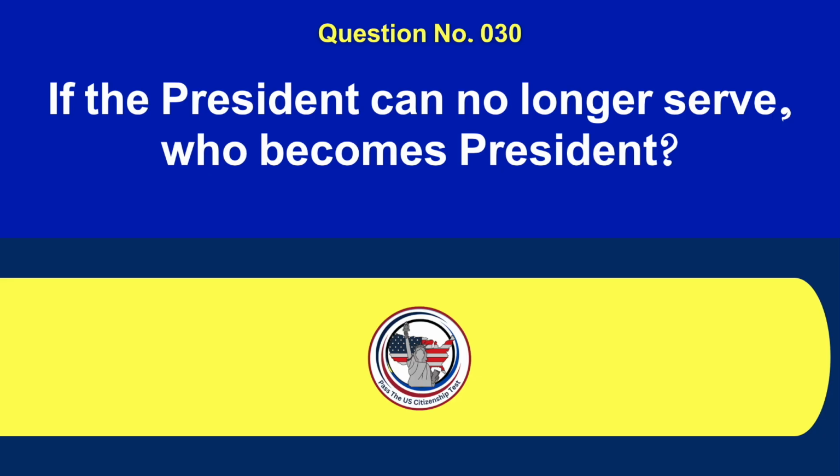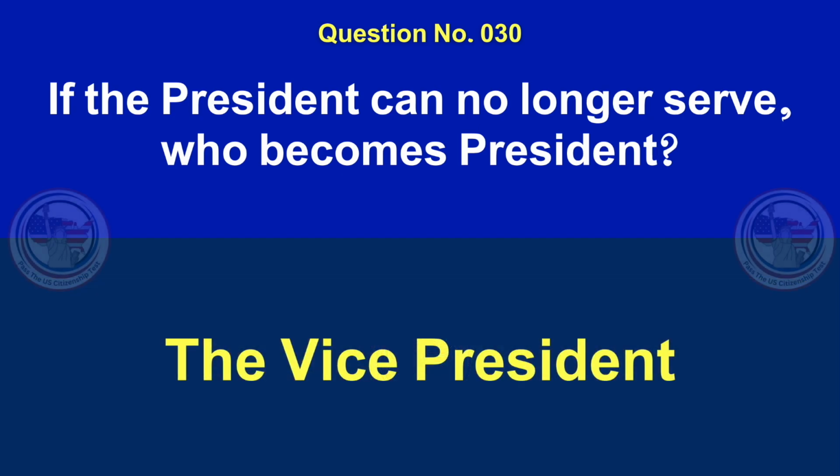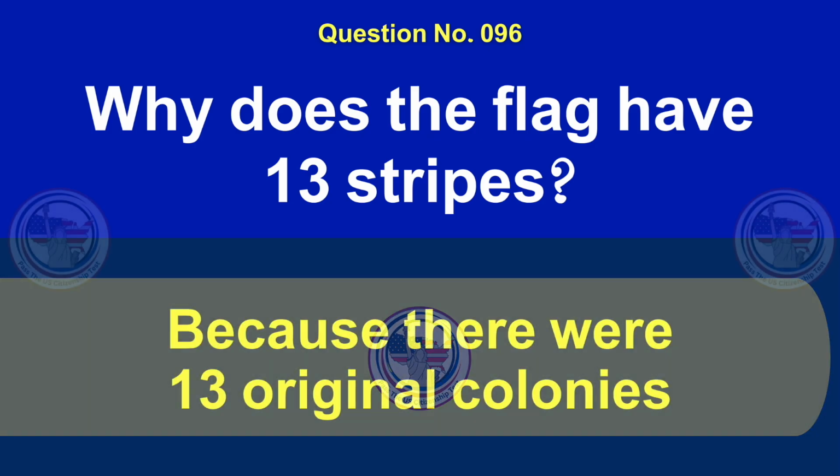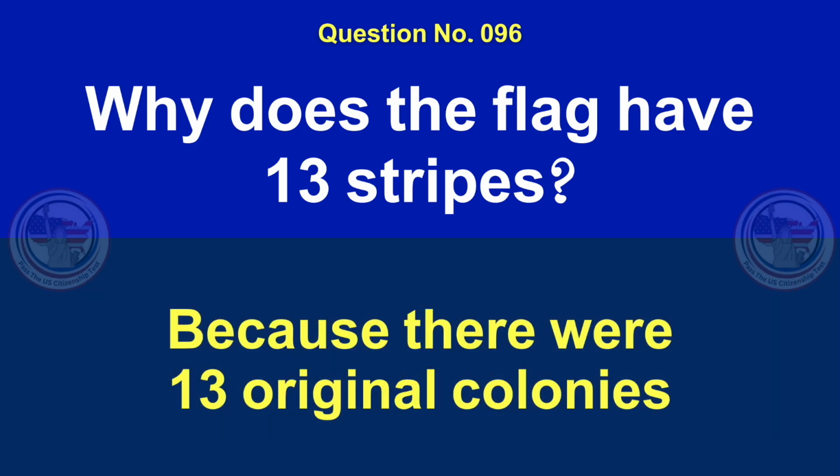If the President can no longer serve, who becomes President? The Vice President. Why does the flag have 13 stripes? Because there were 13 original colonies.